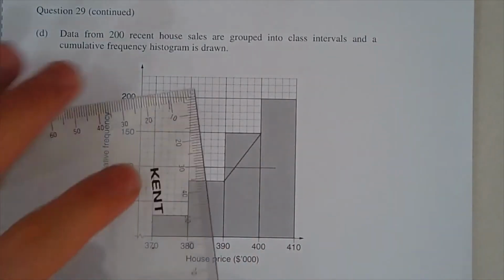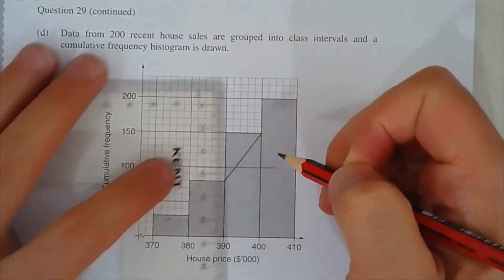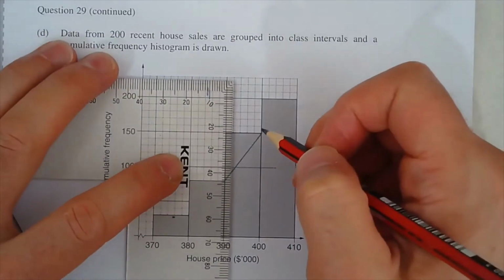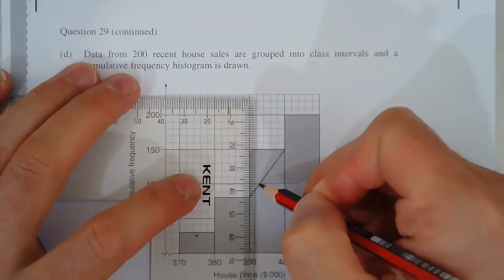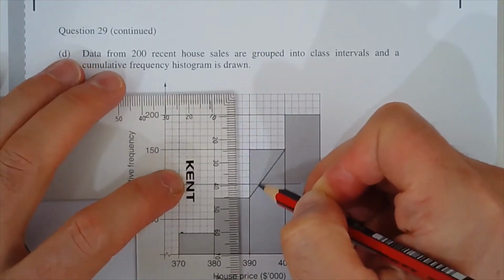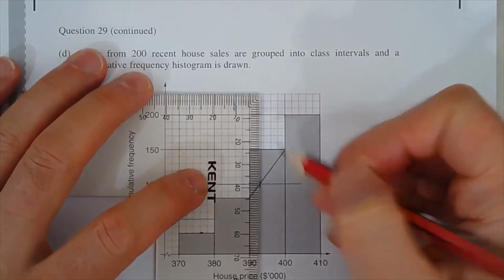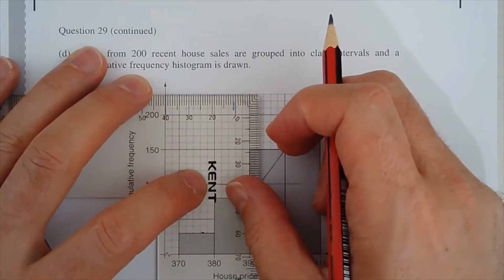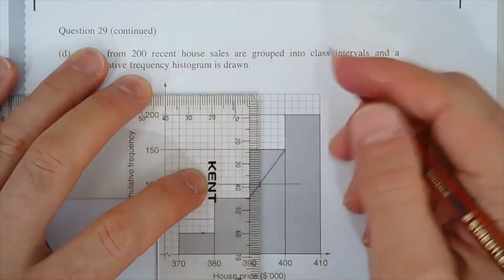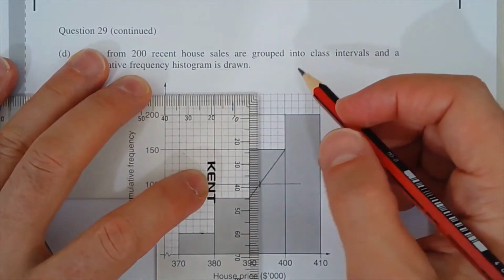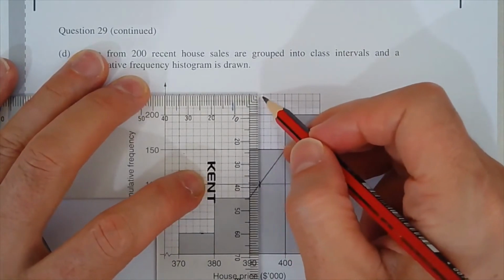So we could actually use this part of the grid here where it's visible. That's our point of intersection just there. And like I said, it is just an estimate, so it doesn't have to be super accurate, but sort of accurate enough for our purposes.